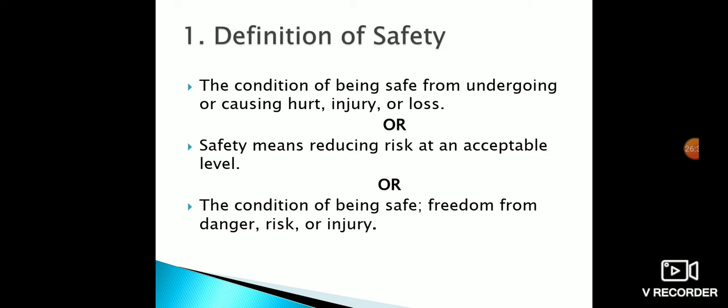So first of all we are having the definition of safety. You can define safety in your way also. Here I am having some common definitions for you. It will be easy for you. So here I have taken 2 to 3 definitions of safety. You can also define it in your way, in your words.